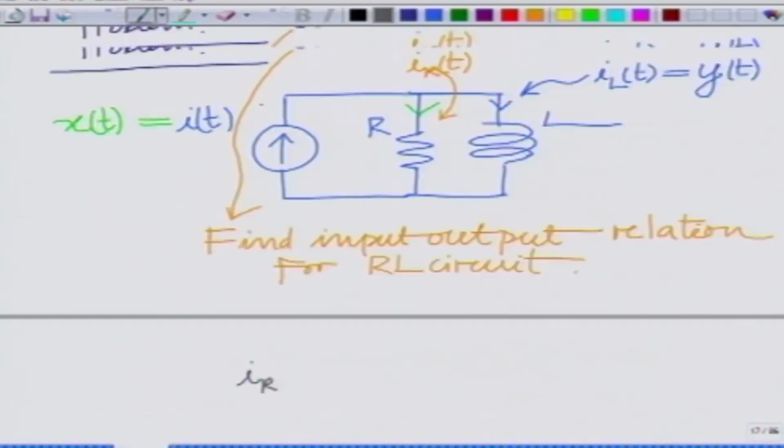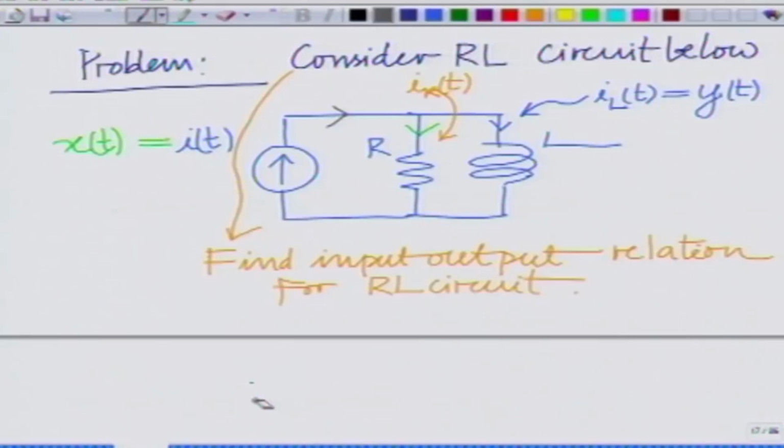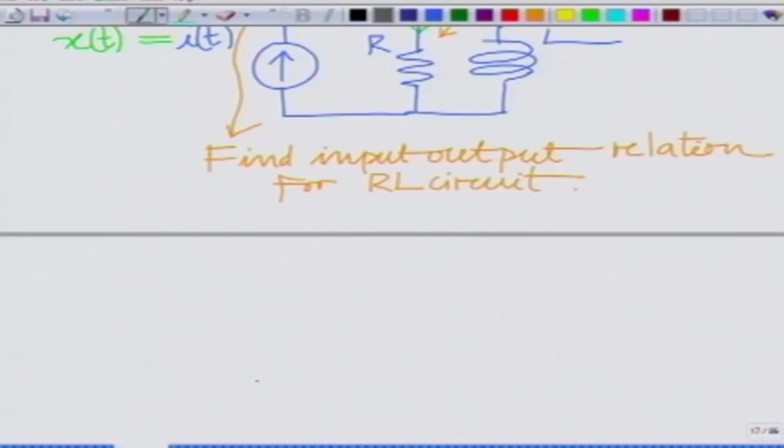Firstly, you can observe that by Kirchhoff's current law, the current of the source I of t is the current in the resistance plus the current in the inductance. So, I of t equals I R of t plus I L of t.